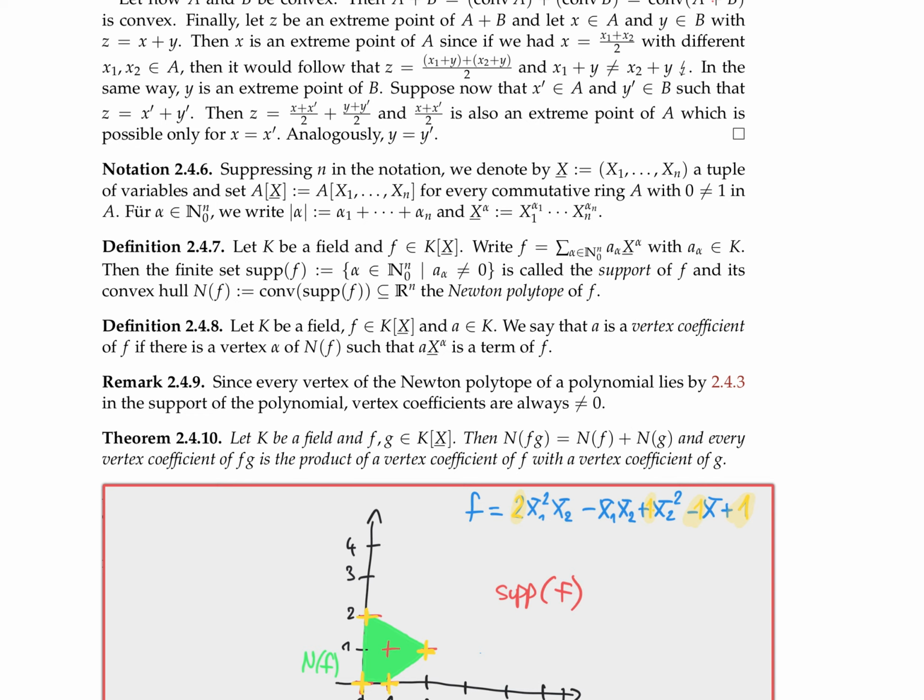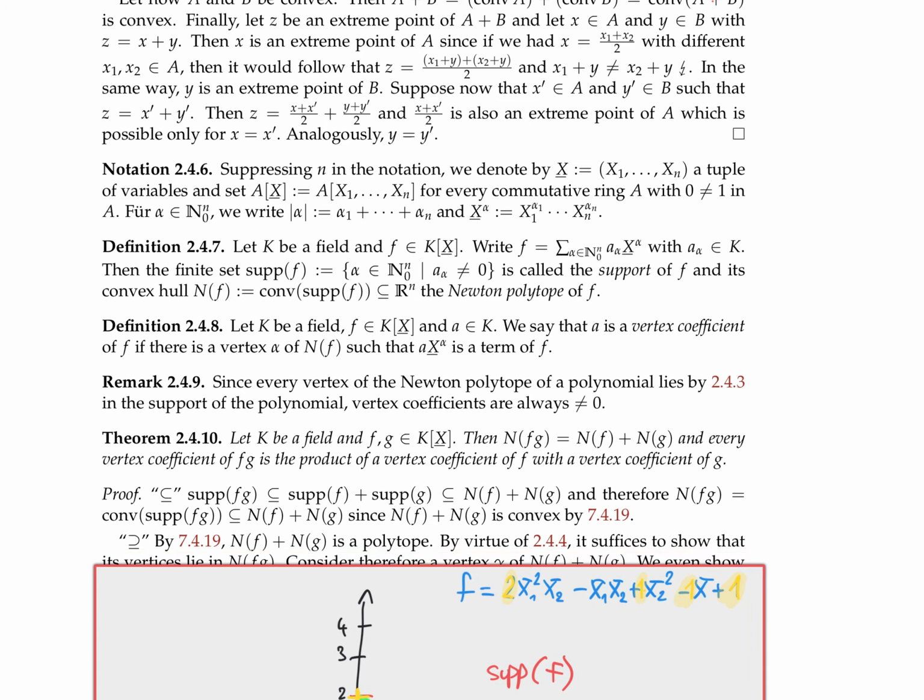And moreover, every vertex coefficient of fg is the product of a vertex coefficient of f with a vertex coefficient of g. In the univariate case, you know that the leading coefficient of a product of two polynomials over a field is the product of the leading coefficients. And here this is a bit similar: every vertex coefficient of fg is a product of a vertex coefficient of f with a vertex coefficient of g.